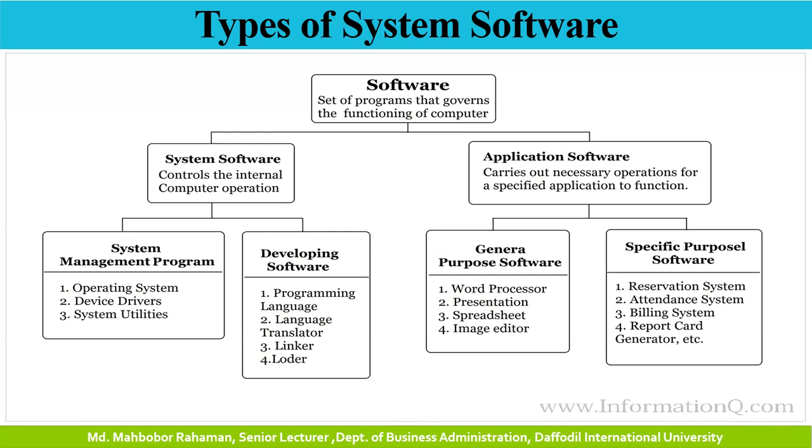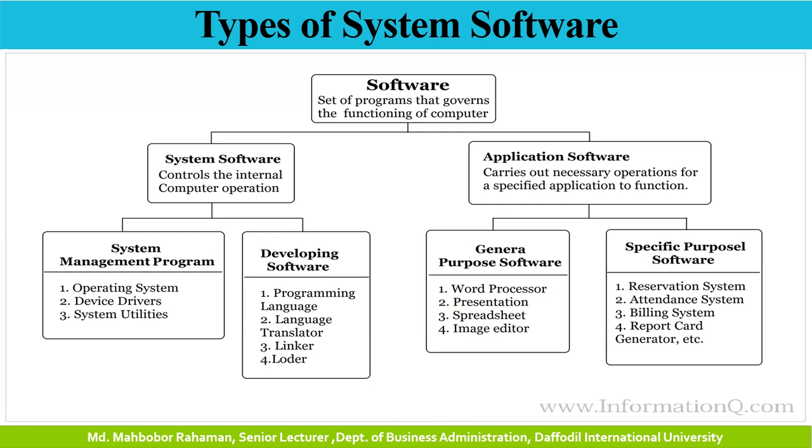The software which deals with the system of a computer is called system software. All kinds of system software deal with the computer and computer-related tasks. These software mainly maintain and run all kinds of systems.